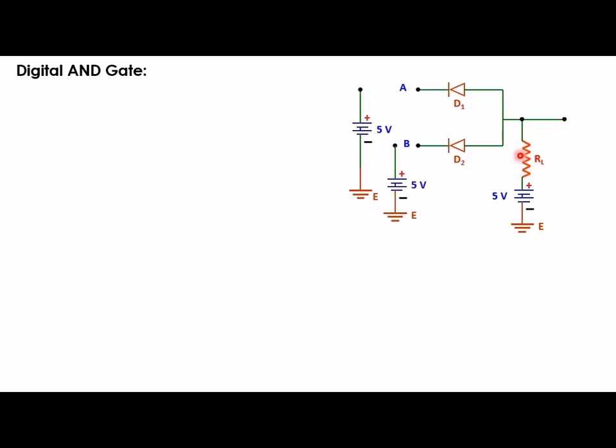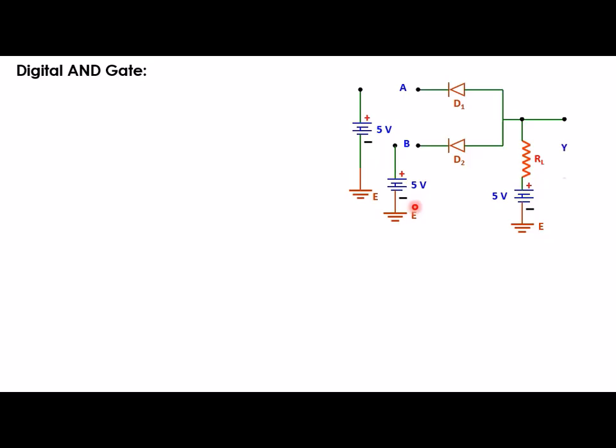Now let us discuss the electronic circuit which can realize the AND logical operation. For that, this is diode D1, this is diode D2. Their positive terminals are connected to a 5V potential through a load resistance RL, and both A and B inputs of these diodes have a provision to supply either plus 5V or 0V depending upon our requirement.